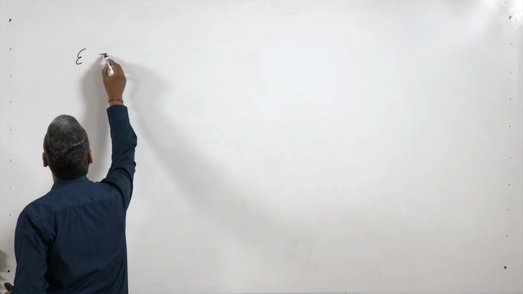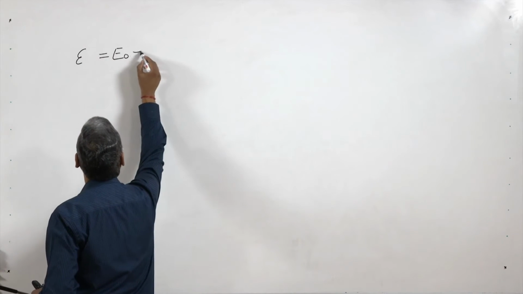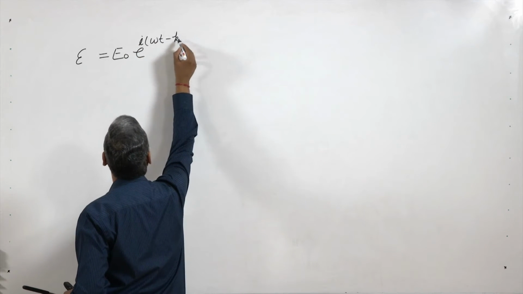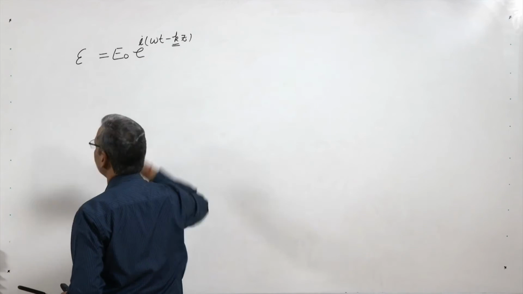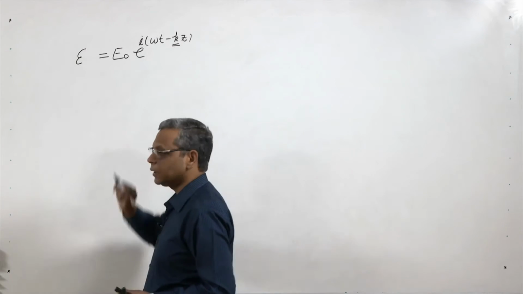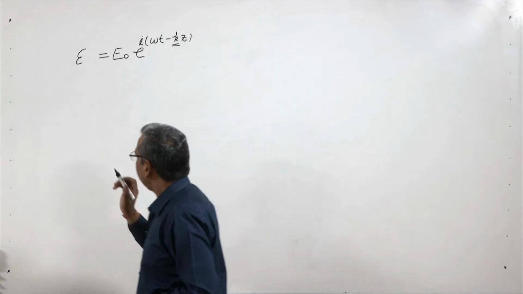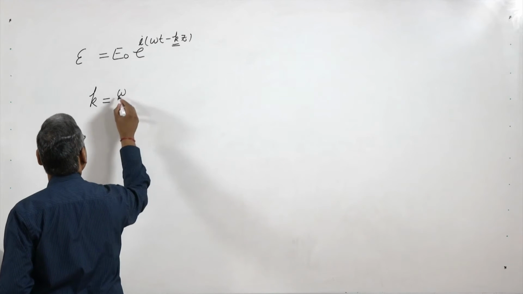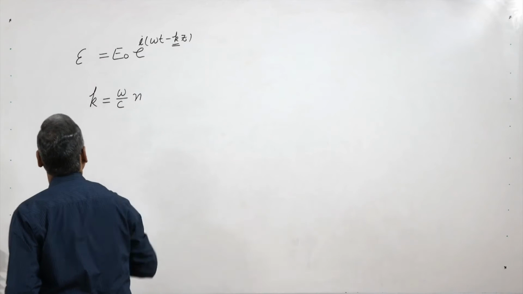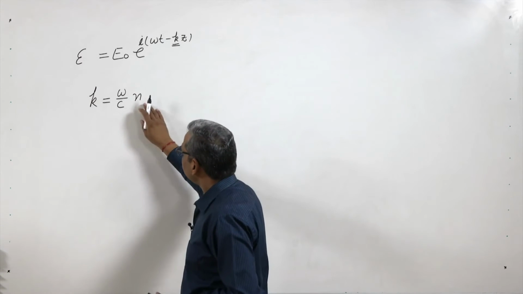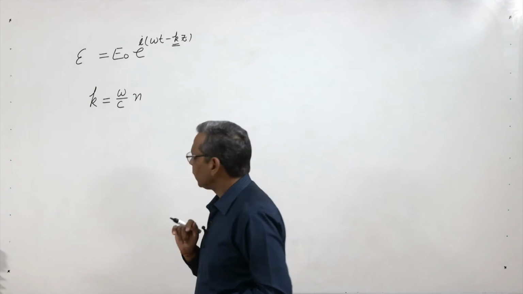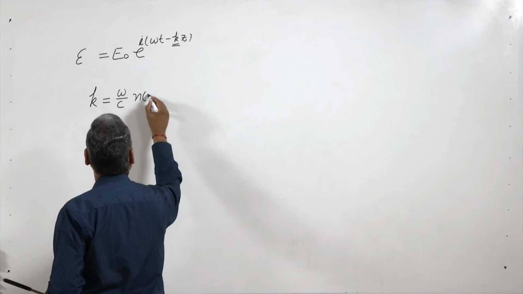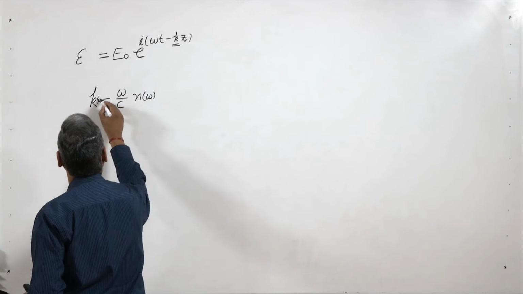E is equal to E0, which is a constant, e to the power i(omega t minus kz), where k is the propagation constant. E0 is constant, this is a plane wave, and k can be written as omega by c times n, and since n depends on frequency or wavelength, k also depends upon frequency. So this is a function of omega.